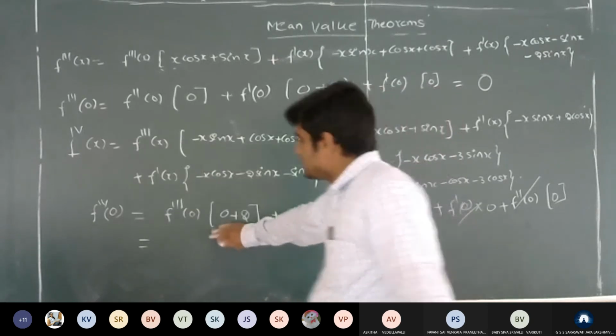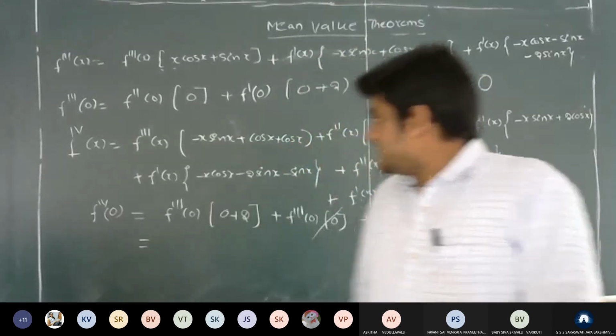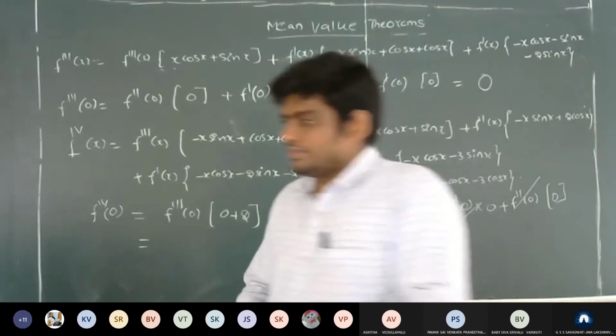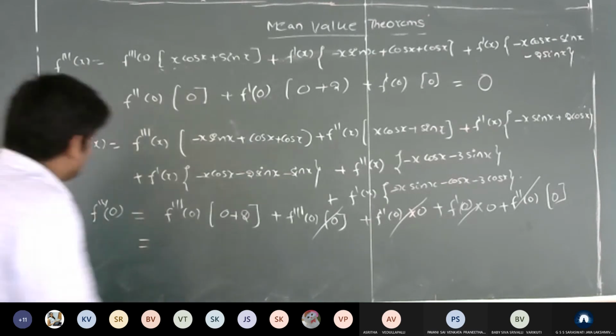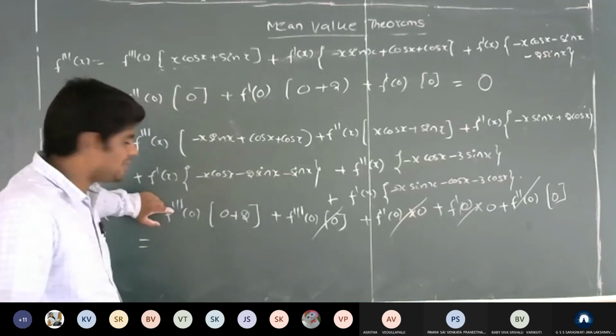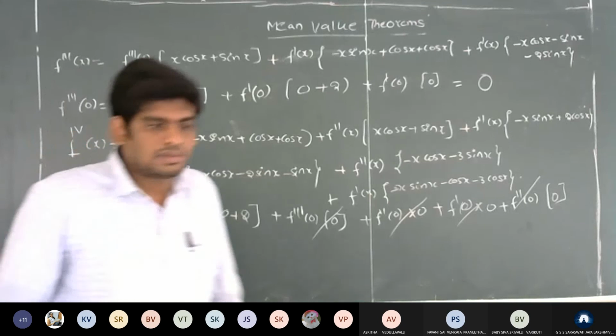Now it is clear. What is this value? Finally, what is the fourth dash of 0? 0. No, I think it is a non-zero value. It is a 2, I think. What is f double dash of 0? 0, sir.